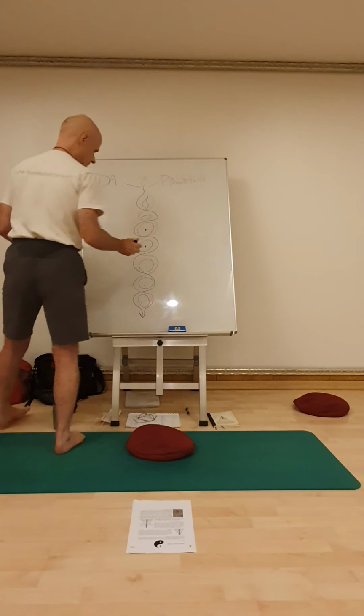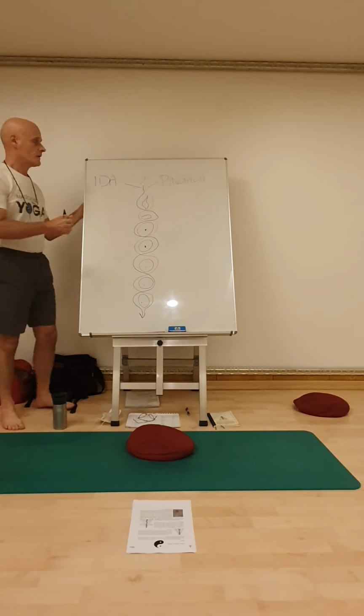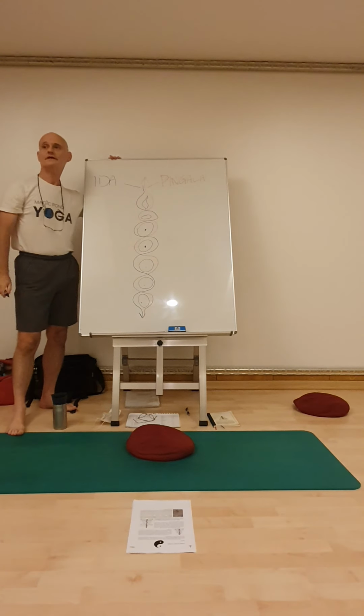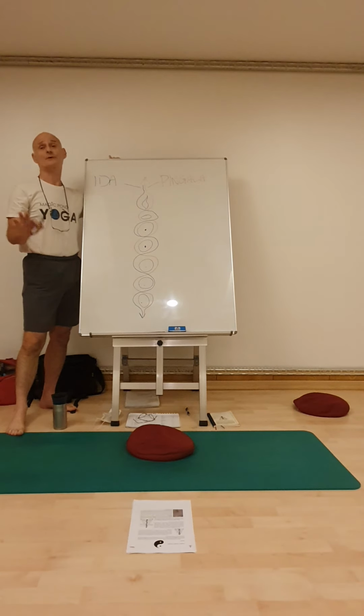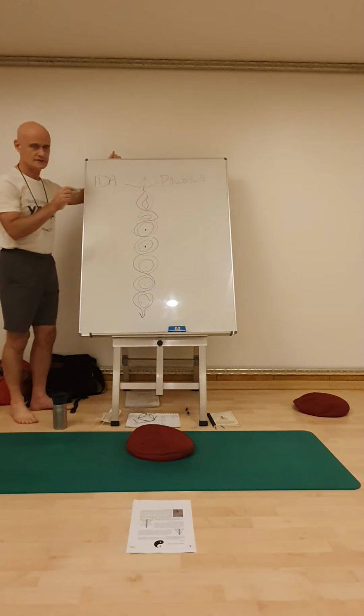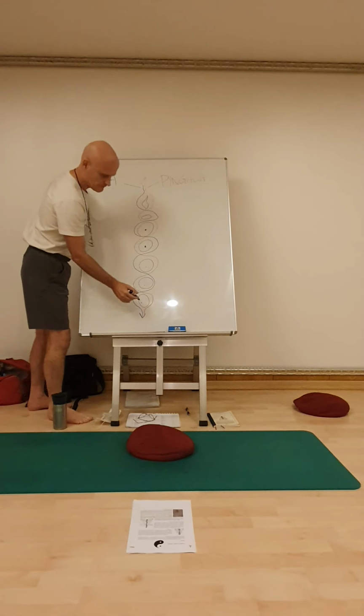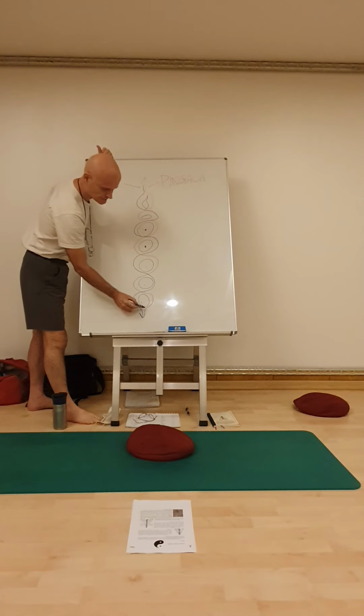Look, there are two channels here, we call them Ida and Pingala, but the reality is there are 72,000 channels in your body, approximately. So this is symbolical, but very easy to understand.